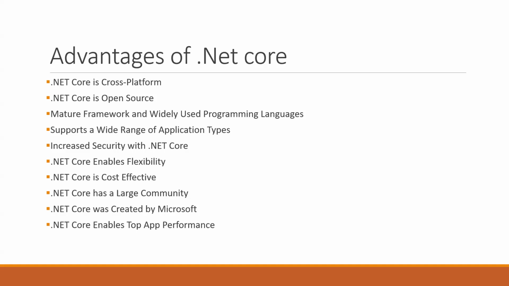So this database and infrastructure I mentioned, these are the challenges, and both are resolved by .NET Core. We can switch between the database and the infrastructure also. We can deploy it on any platform, and we can even use containerization to deploy our application.